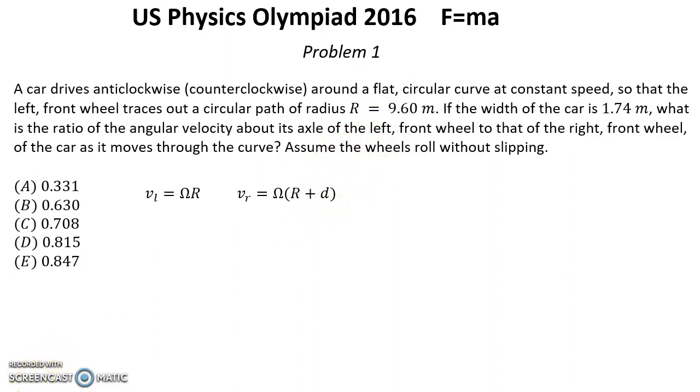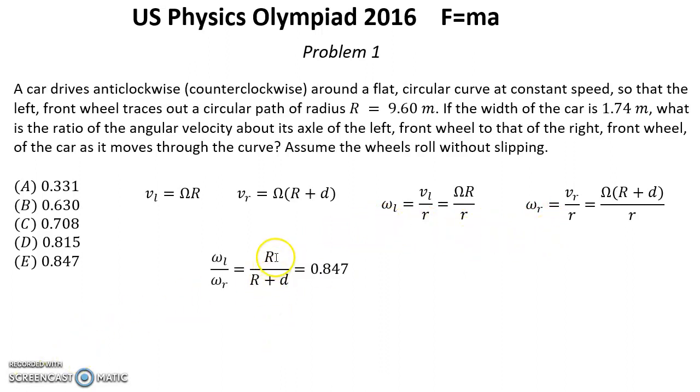And now we can write the angular speed for both wheels. If small r is the radius of the wheel, we have this relation for omega for the left wheel and omega for the right wheel. Now we can just divide omega L over omega R. That will be R over R plus d, which is 0.847. That's answer E.